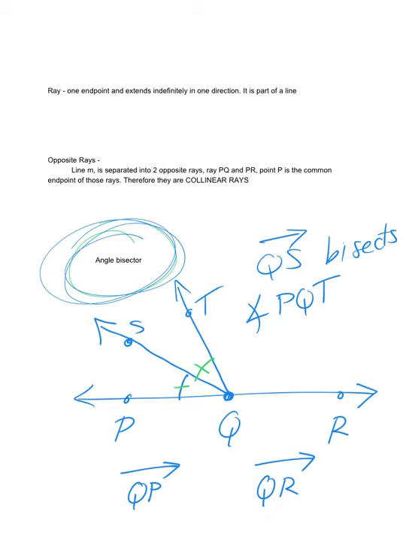So think about that picture a minute. So let's say I said that angle PQS equals 4x plus 14, and then angle PQT equals 60 degrees.